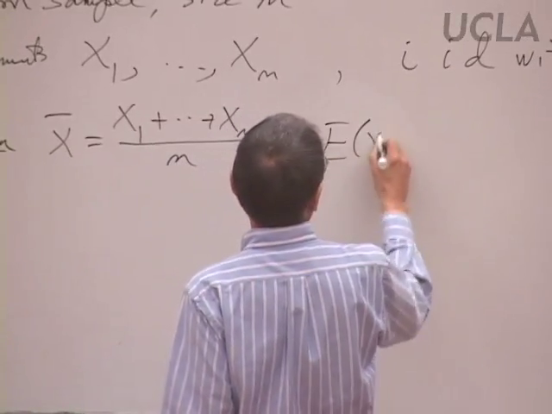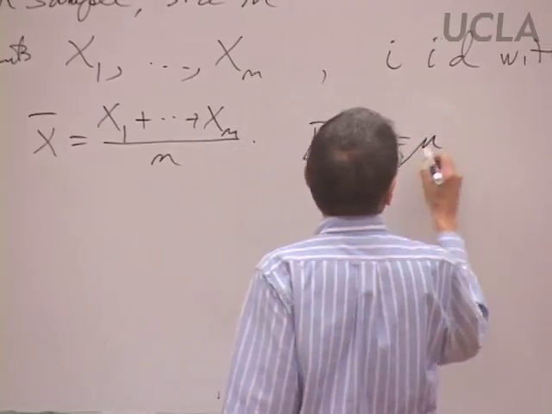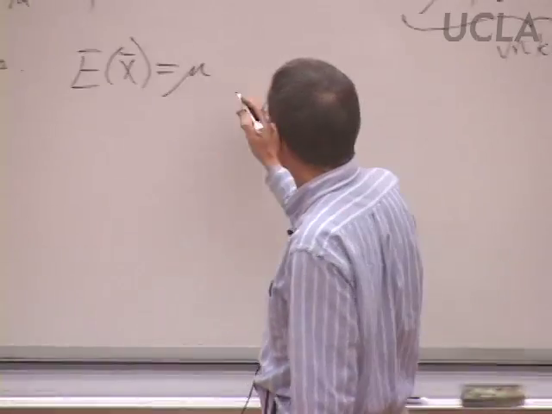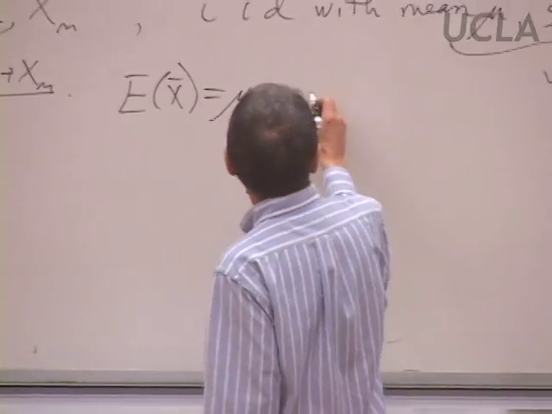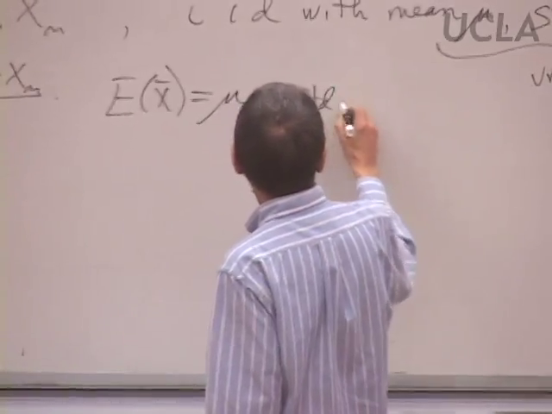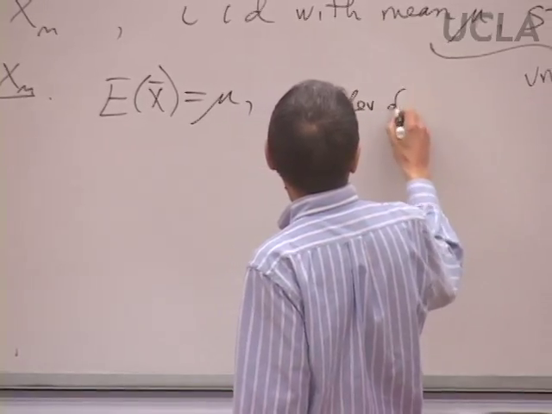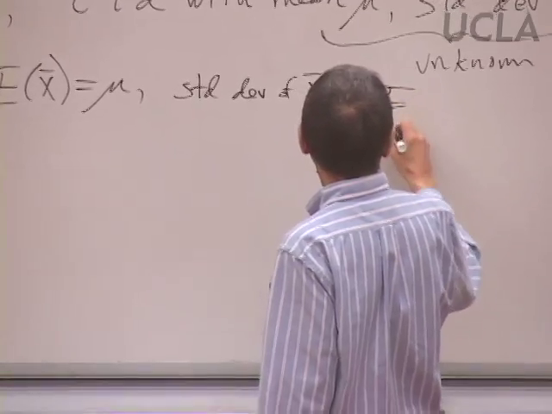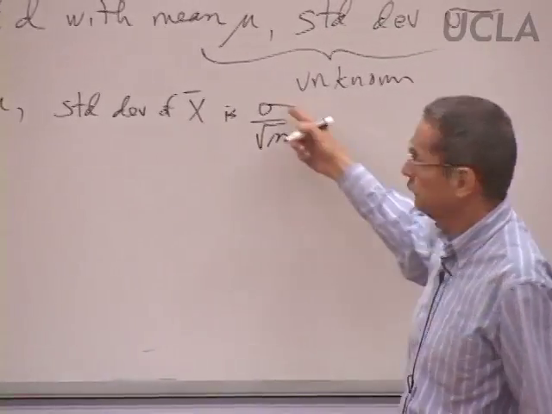Its expected value is mu, which we don't know. Its standard deviation, sigma over the square root of n, which again, typically we don't know.